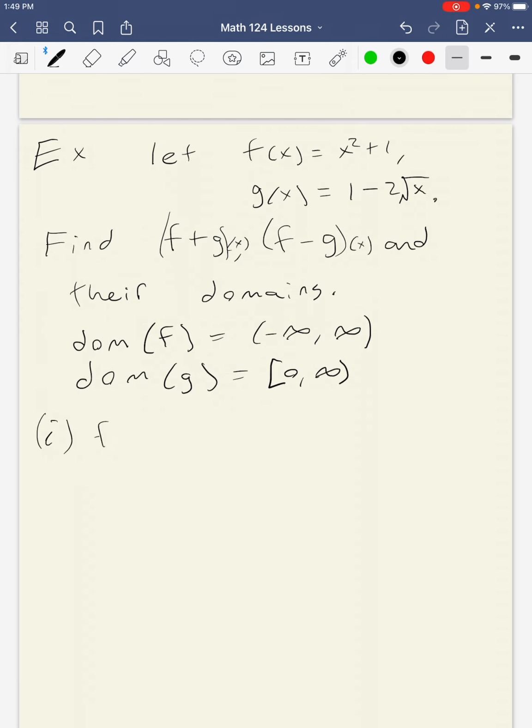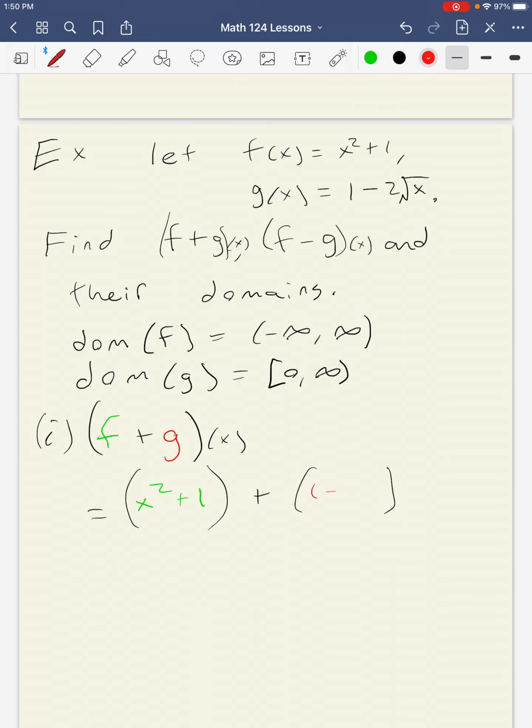So step 1, let's do f plus g. Maybe I'll do f in green, and I'll do g in red. f plus g is a function of x. So first, we take the formula for f, it's x squared plus 1. We add that to the formula of g, which is 1 minus 2 square root x.